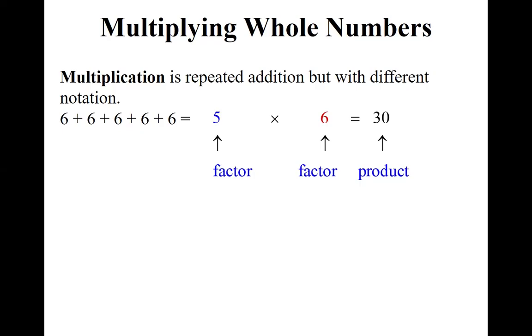We're adding 5 times 6. That's why we say 5 times 6. The 5 and the 6 are referred to as factors, and the answer to a multiplication problem is a product. So 5 times 6 equals 30. 5 and 6 give us a product of 30.